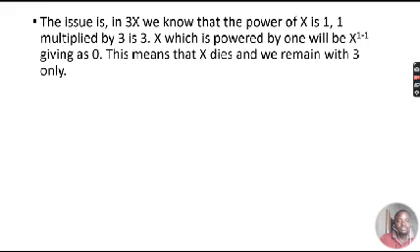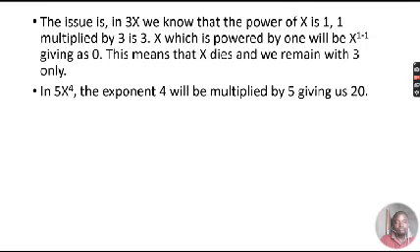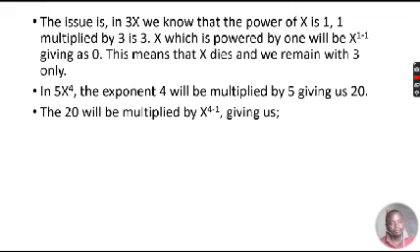Okay, let's continue. In our item 5x to the power 4, the exponent 4 will be multiplied by 5, our coefficient. And that will give us 20. If we multiply the power 4, which is the exponent of x, by the coefficient, which is 5, we are getting 20.